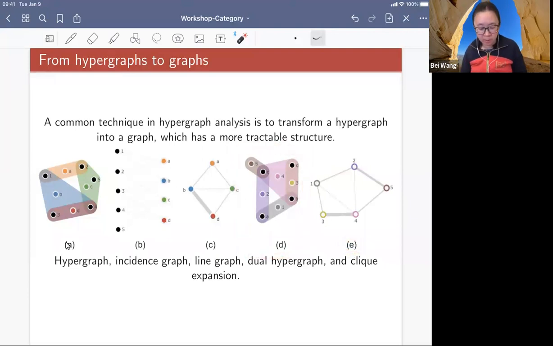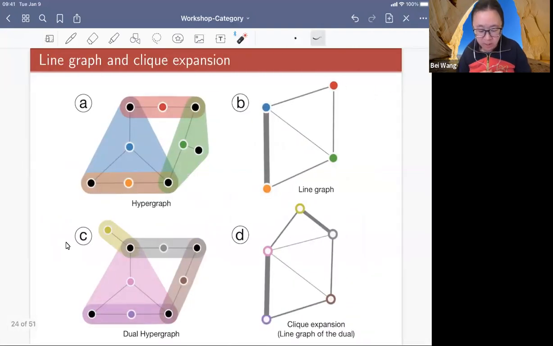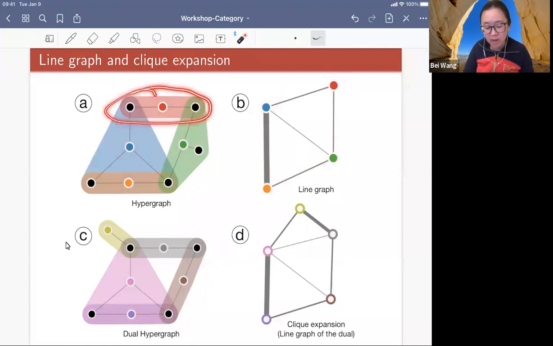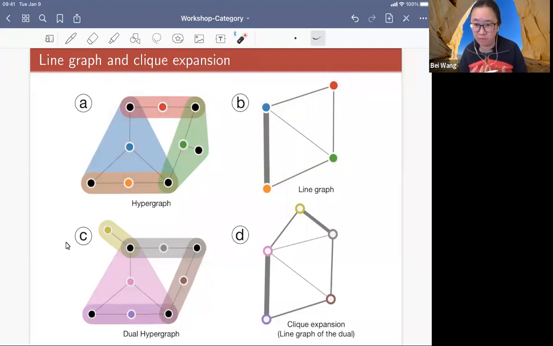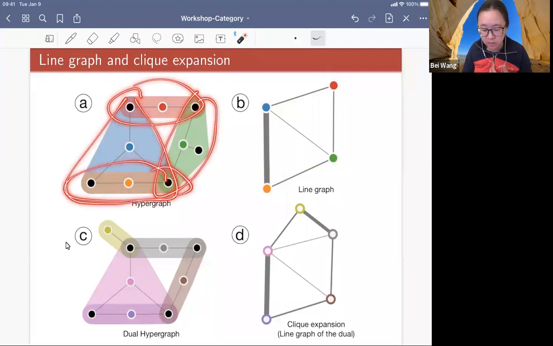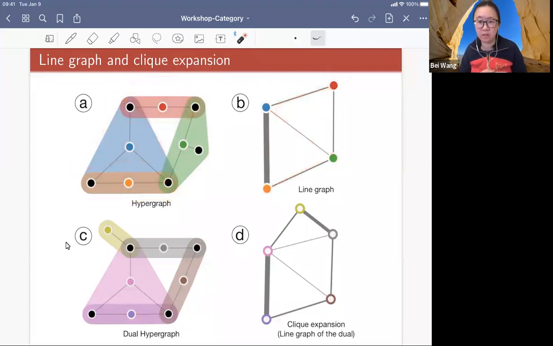So what do I mean by line graph? A line graph is essentially looking at the intersection relation among the hyperedges. I have 4 hyperedges right here, and I turn each of those hyperedges into a node in my line graph. Then if 2 hyperedges have non-empty intersection, there is an edge between them. Another way you can think about it is kind of like a nerve: if I'm thinking about a hypergraph as a covering of the underlying space, this is sort of the nerve of it. Well, actually it's the one-dimensional skeleton of the nerve.